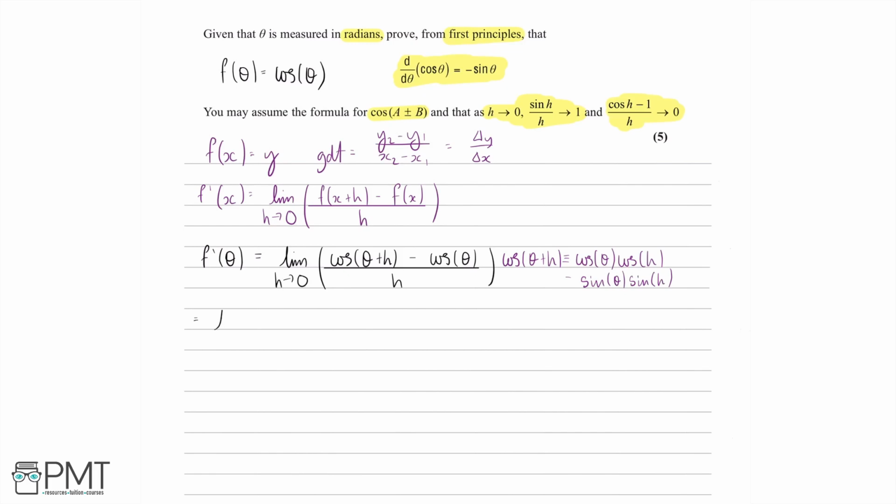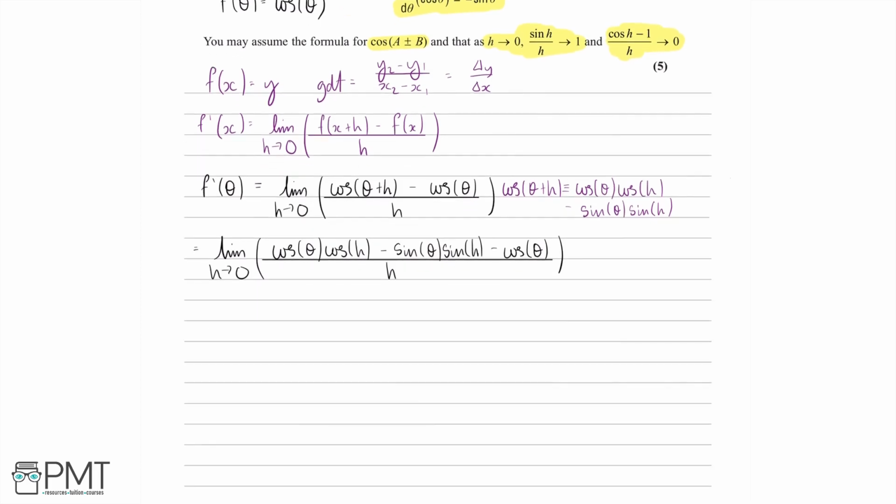So continuing on with this, we have the limit as h approaches 0 of cos theta cos h minus sine theta sine h minus cos theta. This is all going to be over h. And now, what I'm going to do here is I'm going to group up the coses and the sines here and see what we're left with.